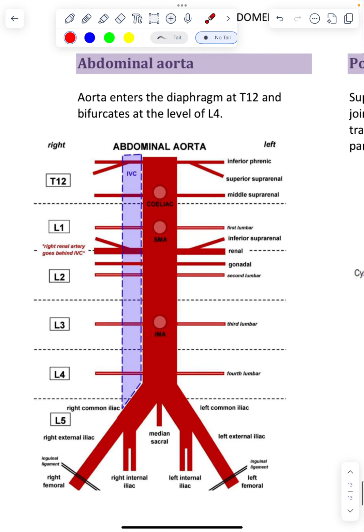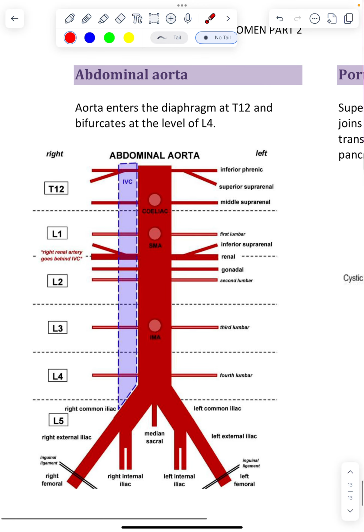This is the most important figure. Comparatively, this is coming from above downwards. It enters from the diaphragm into the abdomen at T12. On the right side there is the inferior vena cava, and on the left side is the aorta.